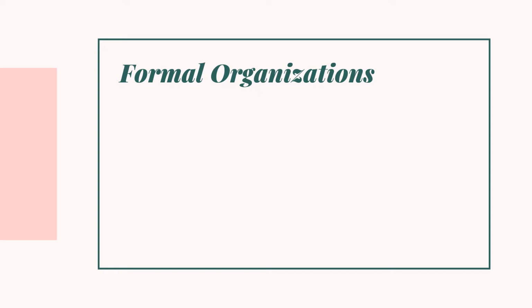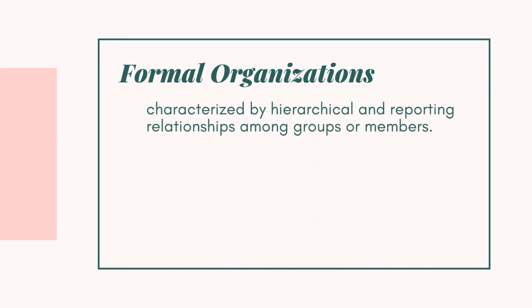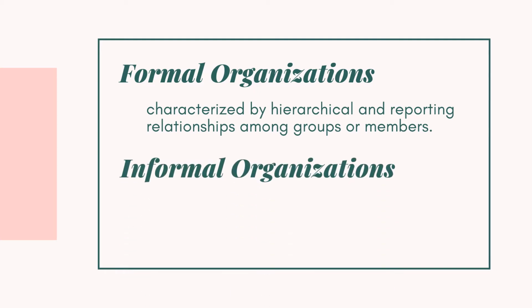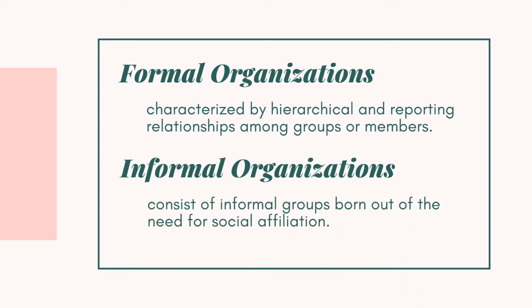So technically, it is characterized by hierarchical and reporting relationships among groups or members. While informal organizations refer to organizations that exist because of friendship or common interests. So it is made up of informal groups which exist for the members' need for social affiliation.